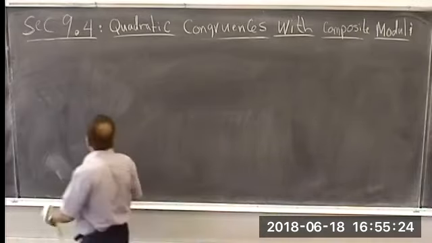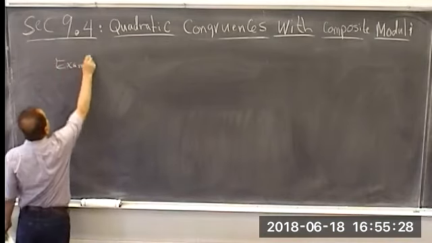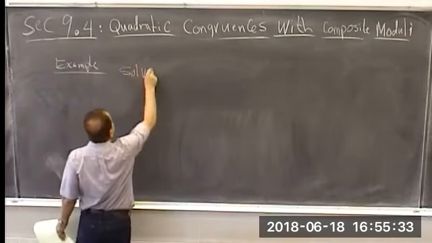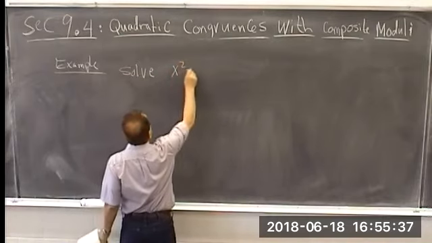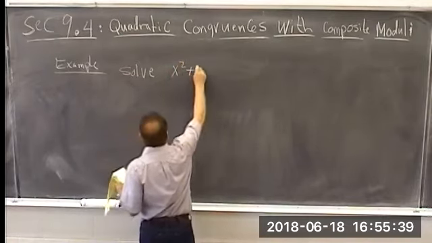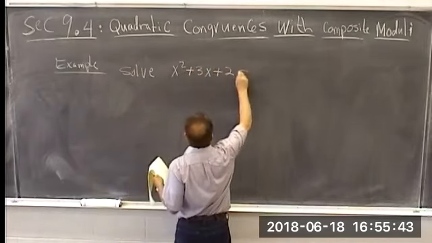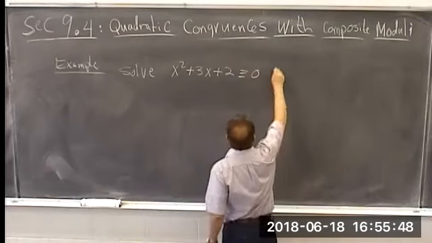Let's consider this example. We're going to solve this single equation. And I want to have it in general, not even just the reduced one, which we could do later on.